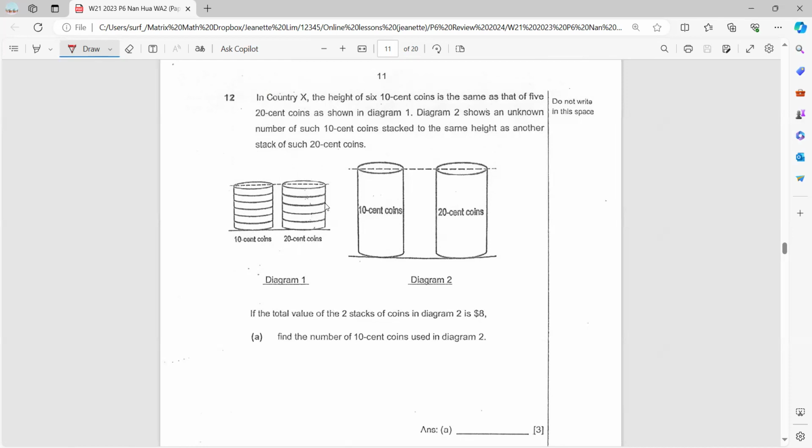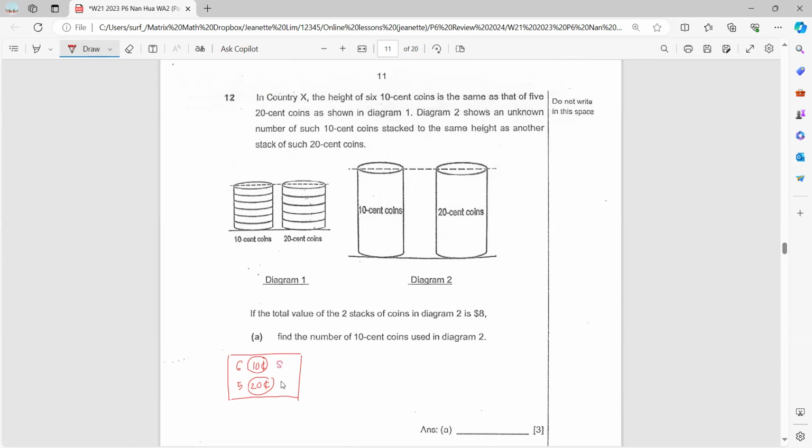Every 6 10-cent coins is the same as every 5 20-cent coins. I'm grouping them up because this is what I need for the height to be the same. Equal heights.